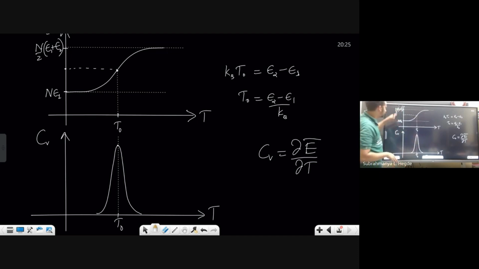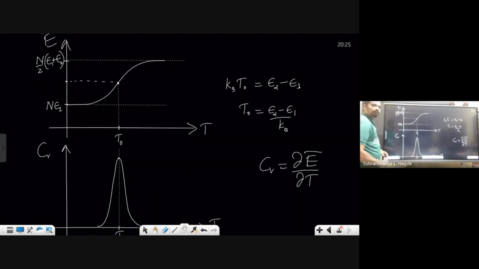What is this one? This is nothing but slope of this curve. CV is nothing but slope of this curve, the derivative of this curve. Derivative is nothing but slope of the tangent. That's what I have applied here. CV is nothing but slope of the tangent to this curve.